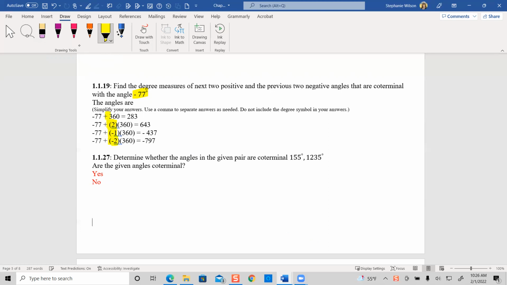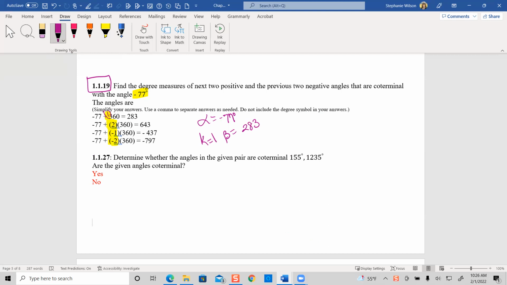Here I plugged in 1 and I should have gone ahead and written it as 1 times that, but we know 1 times 360 is just 360, subtract it. So this is just an example of how to work it. I thought it would be helpful. So whenever we have an alpha of an angle of negative 77 degrees, and we have a constant K of 1, we get a beta angle of 283, and so on.